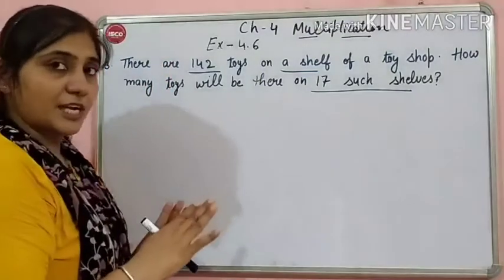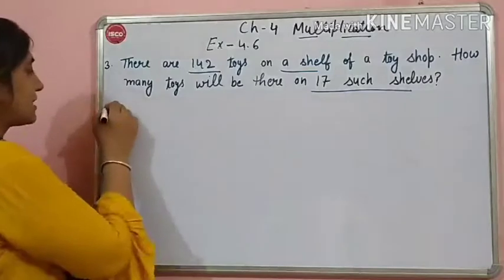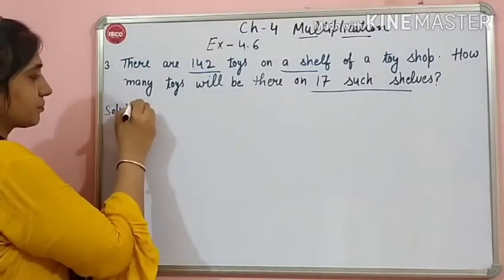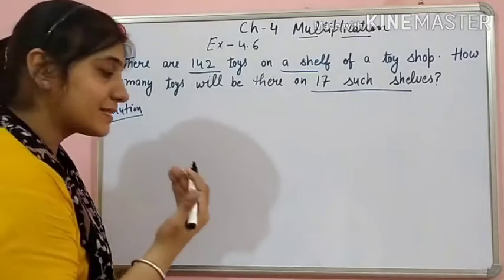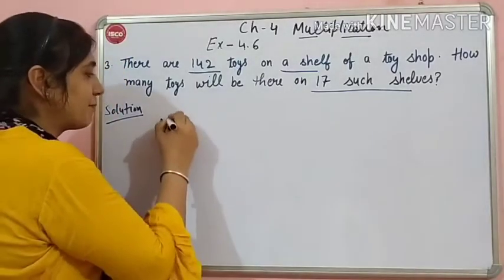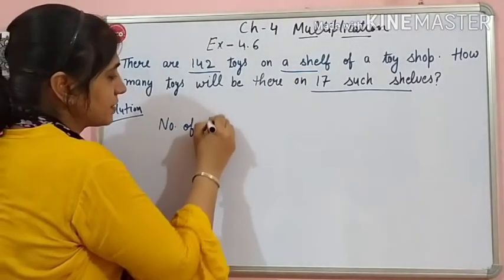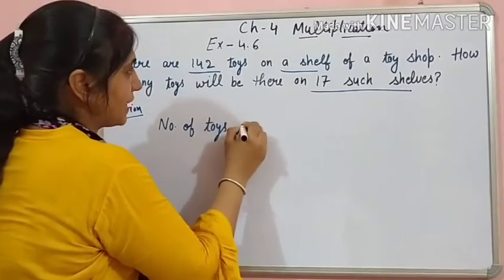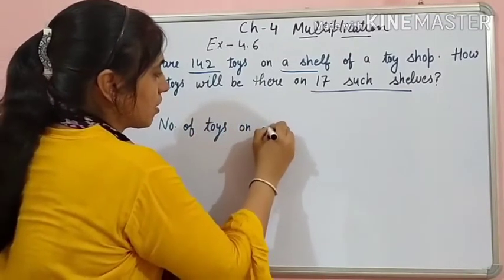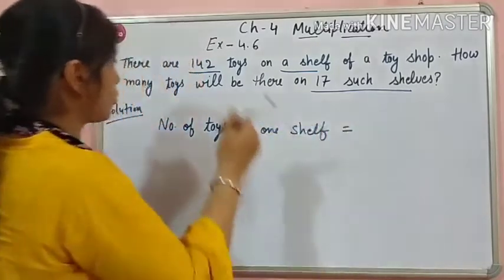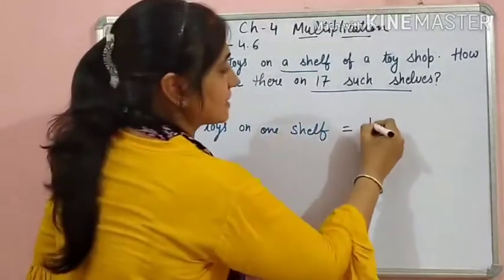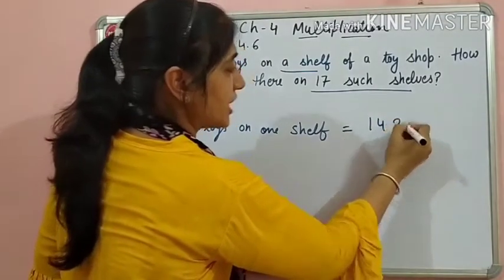I think the question is clear to all? Yes. So let's start the solution. What will we write? Number of toys on one shelf. How many toys on one shelf? Yes, 142.